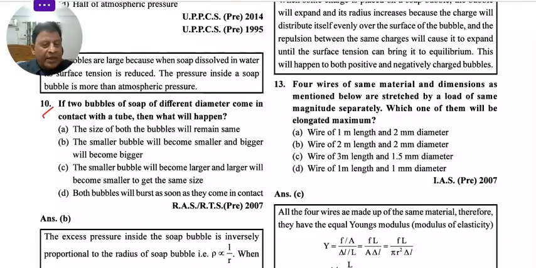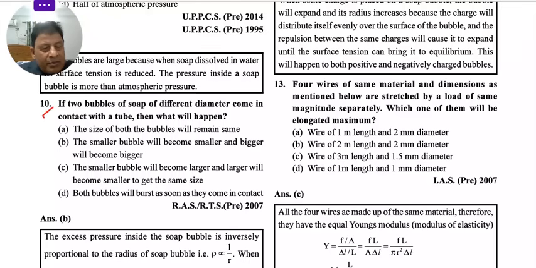Now this one. If two bubbles of soap of different diameter come in contact with a tube, then what will happen? The size of both the bubbles will remain the same. The smaller bubble will become smaller and bigger, the bigger will become bigger.